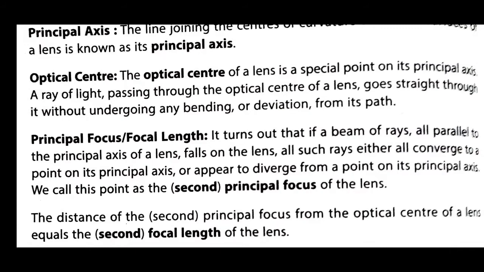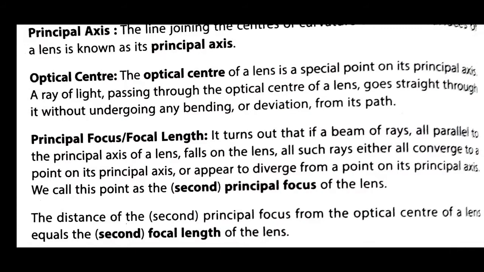As we have already discussed for spherical mirrors, the geometrical center is known as pole, but for lenses, the geometrical center is defined as the optical center. It is denoted by O.